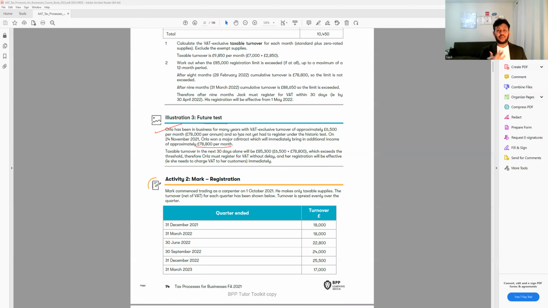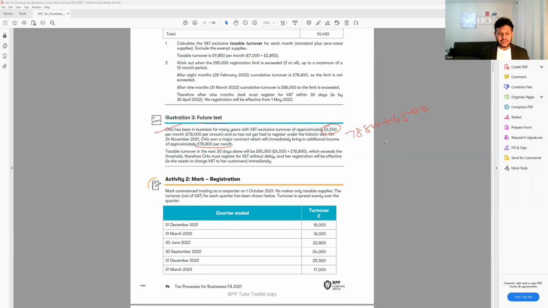So suddenly she wins a contract, and she understands that from now, every single month, the sales will be 78,000 more than the 6,500. So it will be 78,000 plus 6,500.